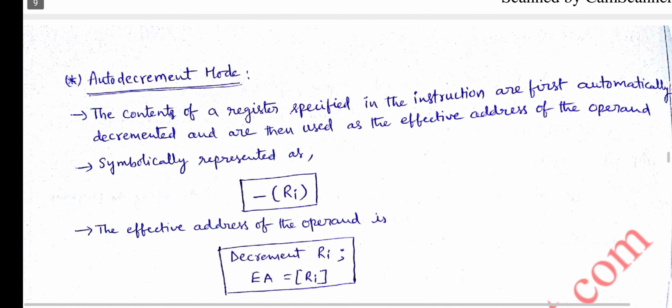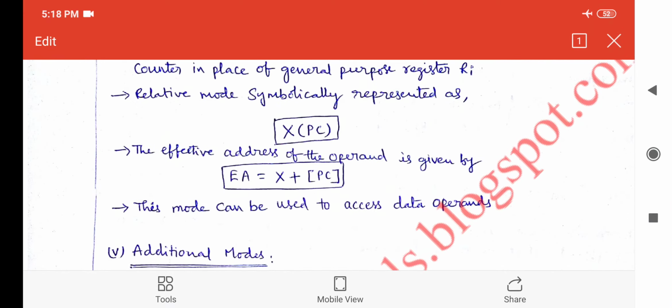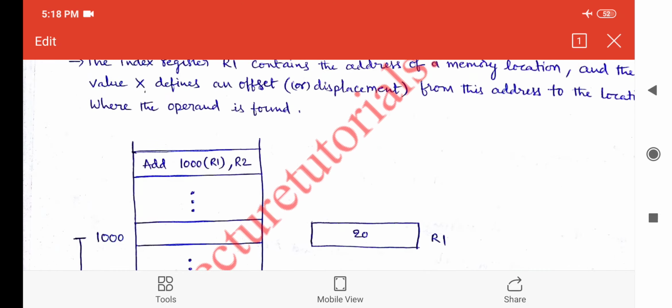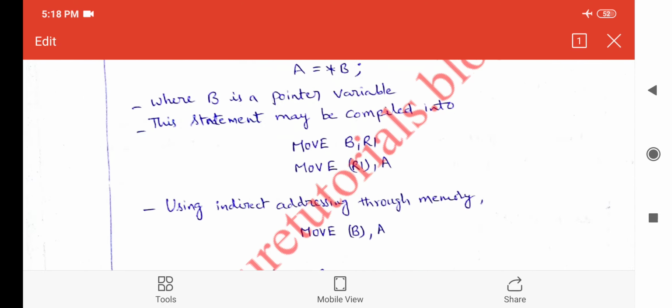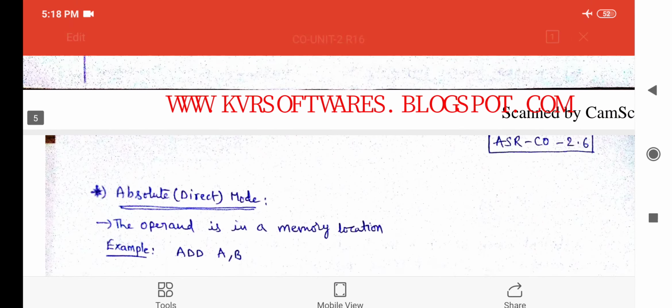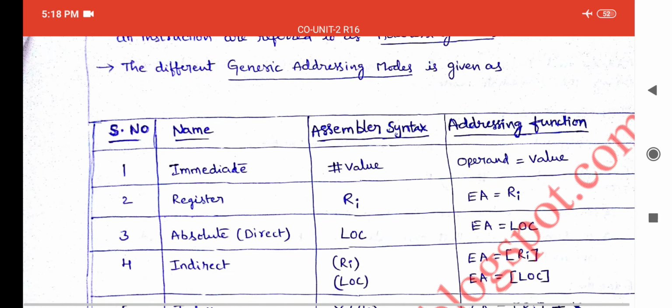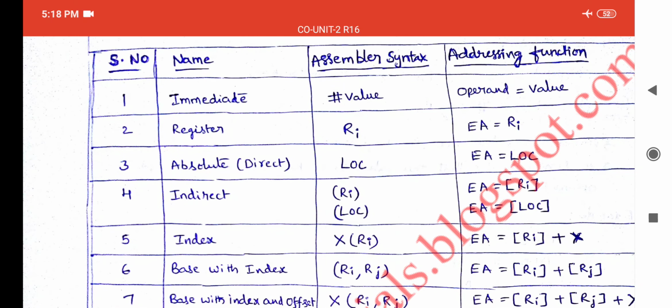These are the different types of addressing modes. Once again, it is a very important one. We have to discuss one more time the different types of addressing modes. These are the 10 different types of addressing modes.